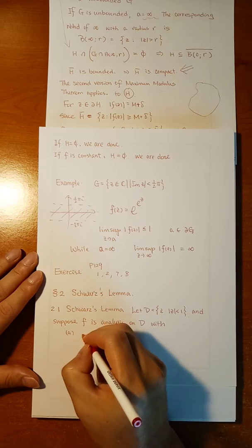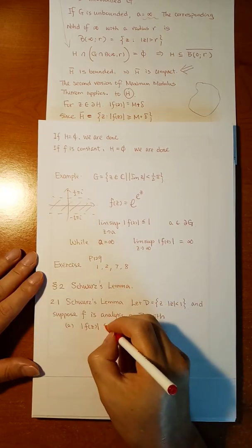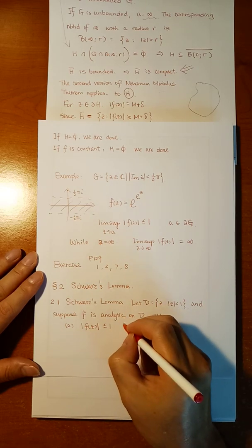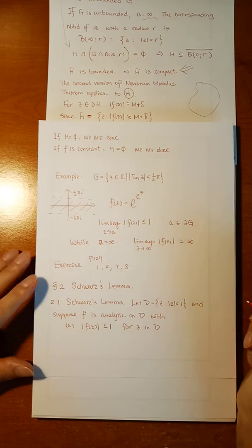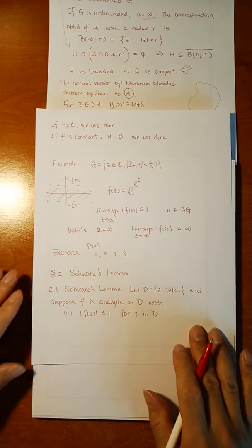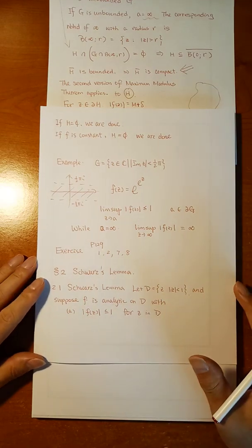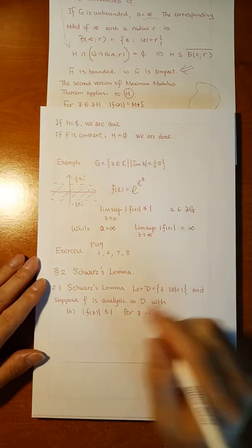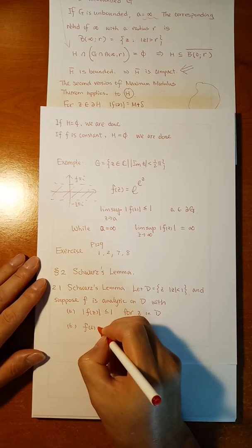One, the absolute value of f of z is less than or equal to 1 for z in D. So this means f maps the disk into the disk. And second, f of 0 is 0.